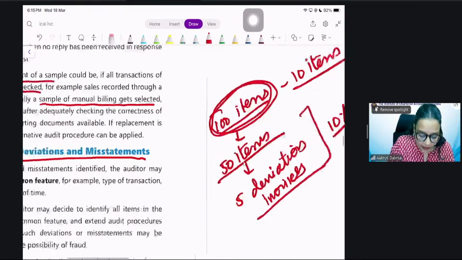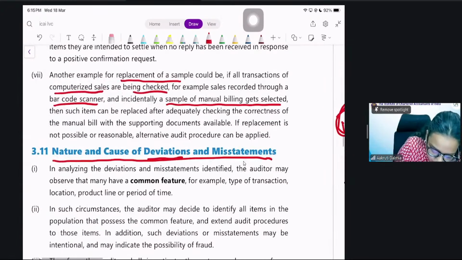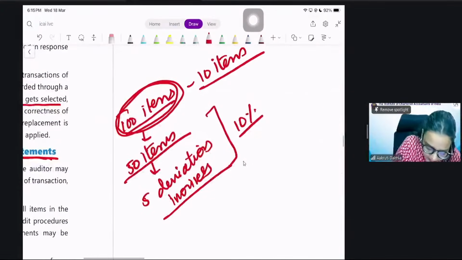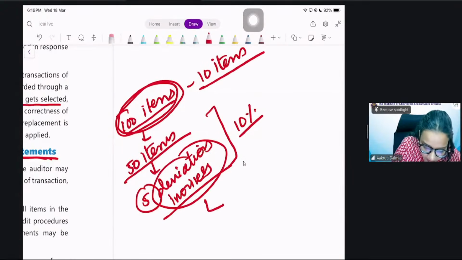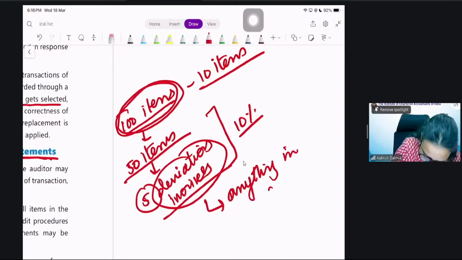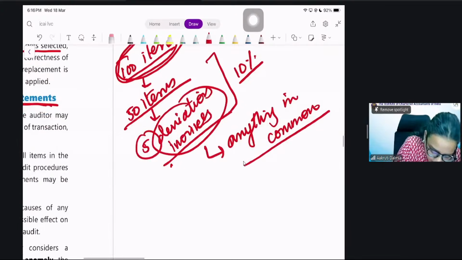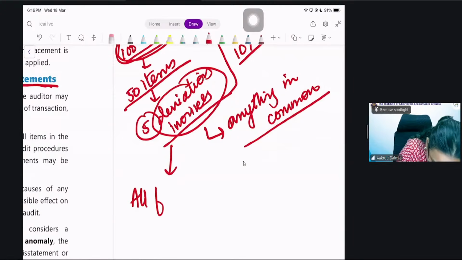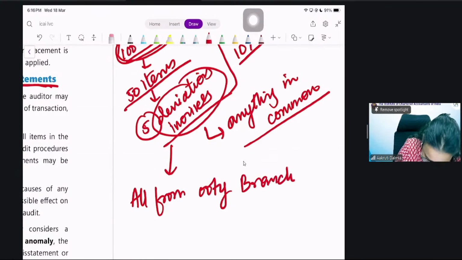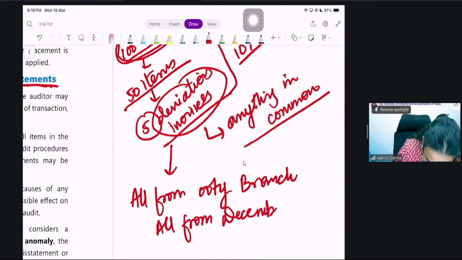No. Whenever we find any deviations and misstatement when we are doing sampling, see if there is anything in common. Let's say all these 5 invoices that you found problems in were all from, let's say, the Ooty branch, and all from the December month.